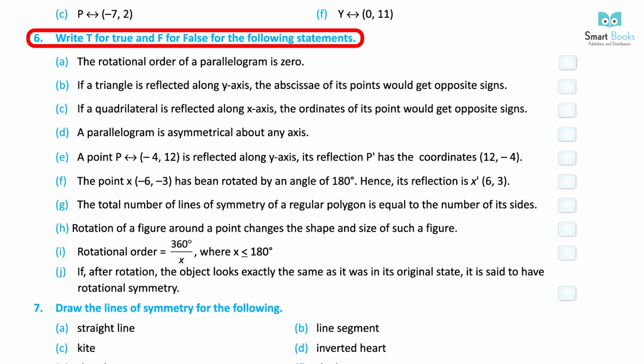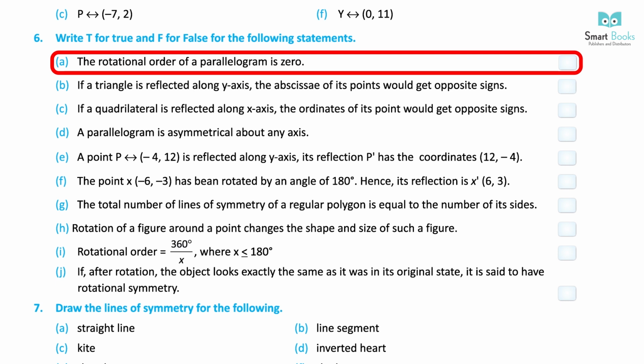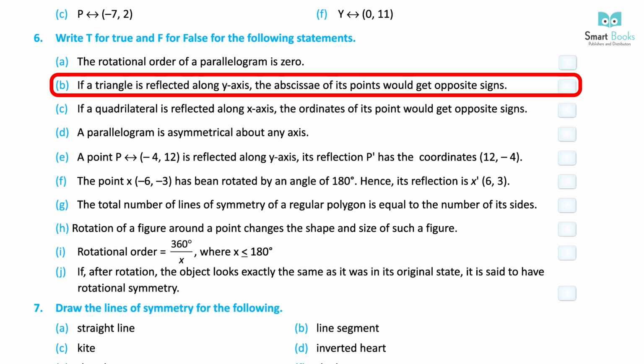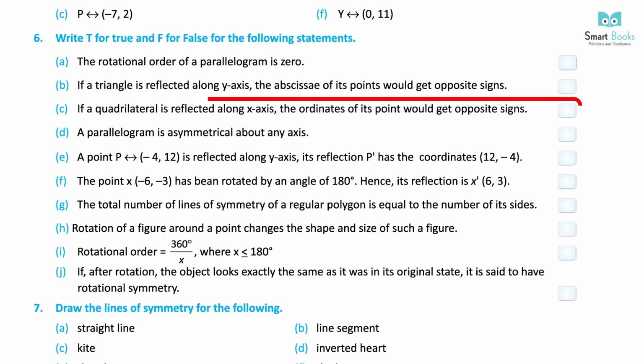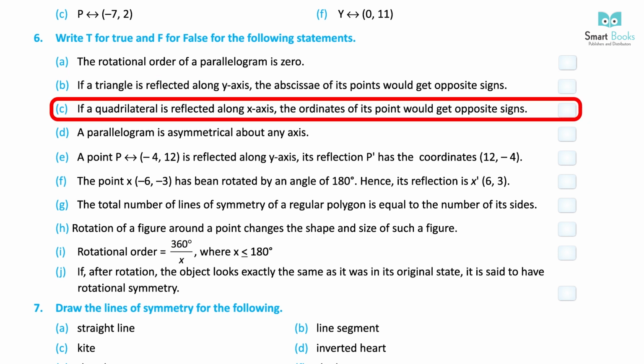Question 6. Write T for true and F for false for the following statements. A. The rotational order of a parallelogram is 0. Solution: False. B. If a triangle is reflected along y-axis, the abscissae of its points would get opposite signs. Solution: True. C. If a quadrilateral is reflected along x-axis, the ordinates of its points would get opposite signs. Solution: True.